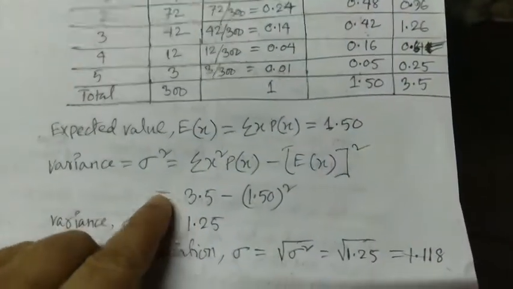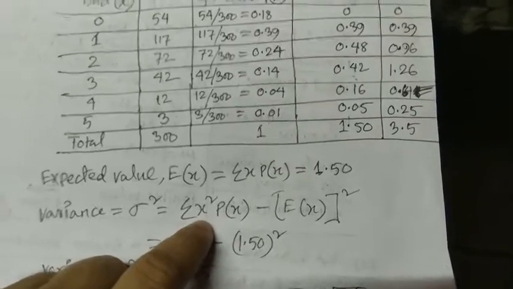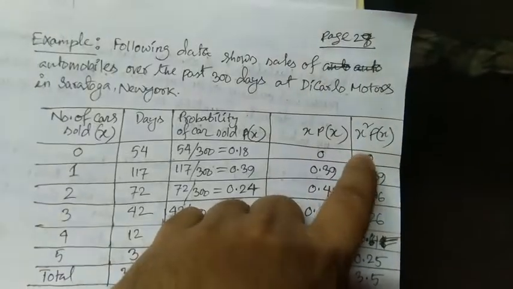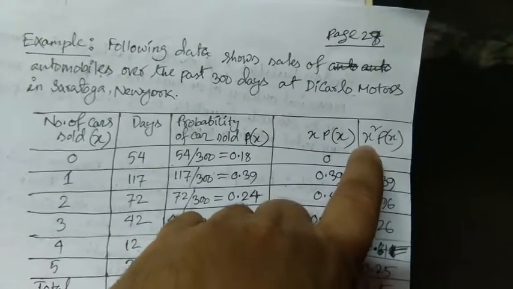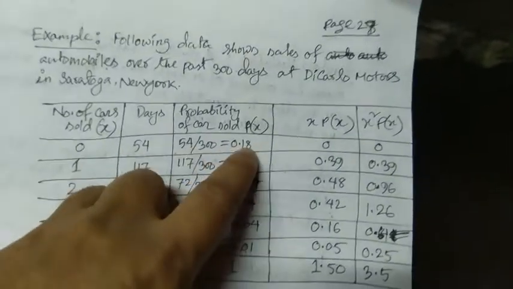Right. So to find variance, we need to find the summation of x square multiplied by probability. That means we need another column for variance, x square p(x). That means the square of this value multiplied by 0.18.